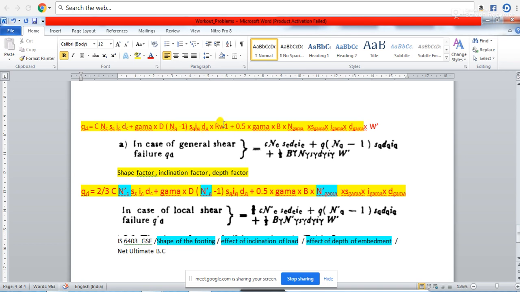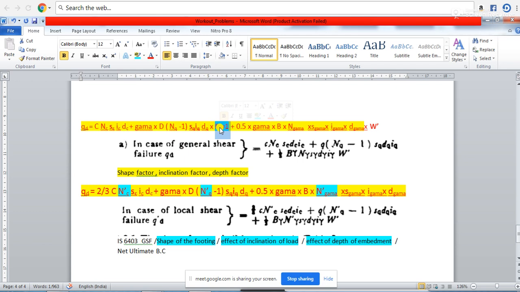That is very clearly understood now. But where is this RW1? That you need to understand, right? In the Indian Standard Code, when it is giving the net ultimate bearing capacity, it is not considering the RW1 value.